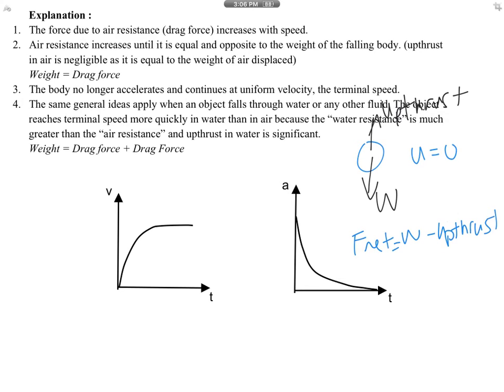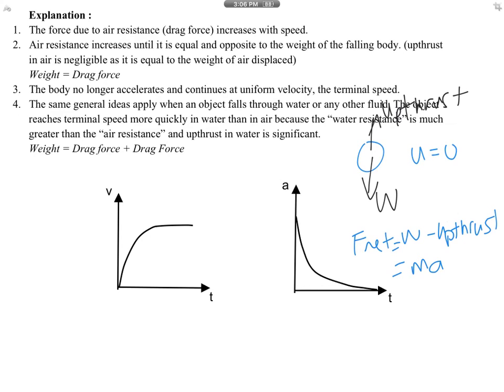Okay, now, so this becomes your net force, which equals ma. Now, if your weight is bigger than upthrust, you will fall. But if your weight equals upthrust, you will float. But when we drop an object in air, the upthrust is negligible, so therefore the weight will be much bigger, so you'll fall.